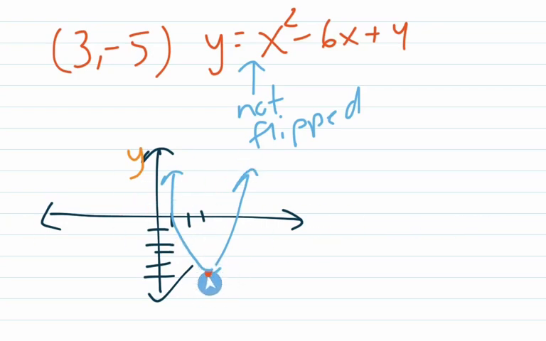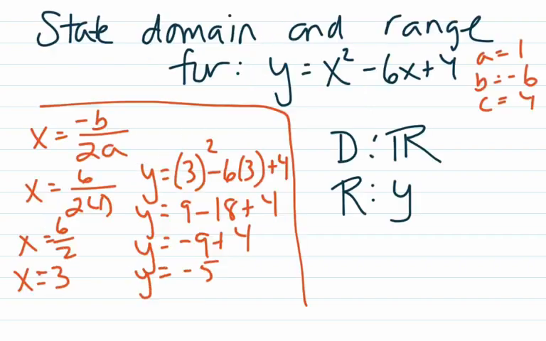The y values bottom out right here at the negative 5. Okay? And y can be negative 5 or anything above negative 5. Or, if I change how I say that, it can be negative 5 or greater than negative 5. And so y is greater than or equal to negative 5, and there's your domain, and there's your range.